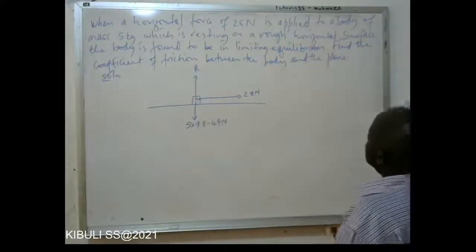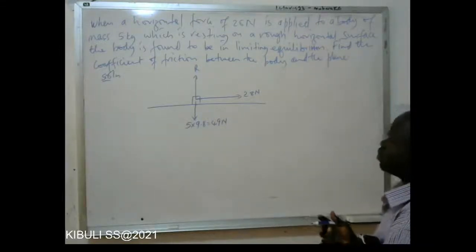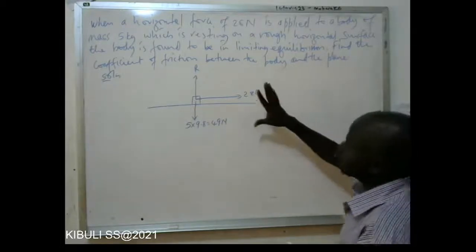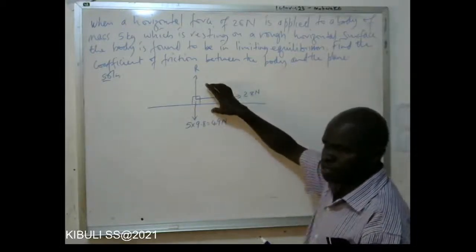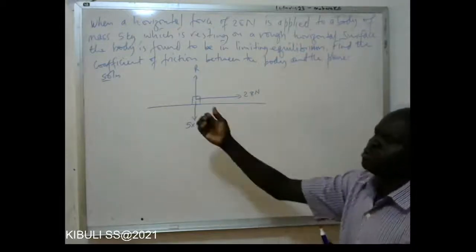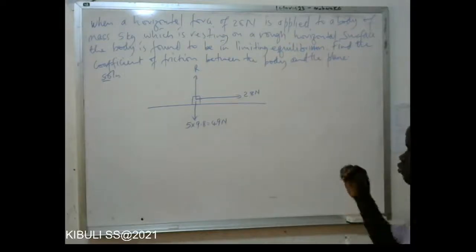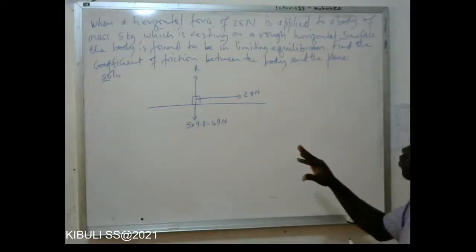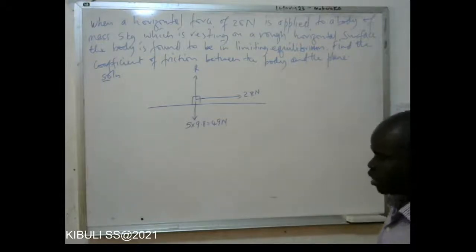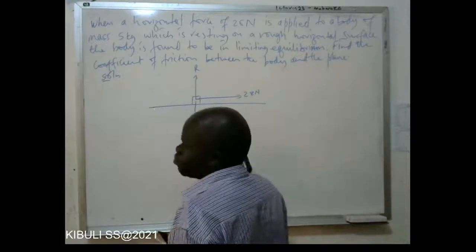Now, this body is in a state of limiting equilibrium under this condition. So it means that this body is at the point of sliding across the surface. So the friction between the body and the surface must be maximum. And remember we said that friction must be drawn along the boundary.